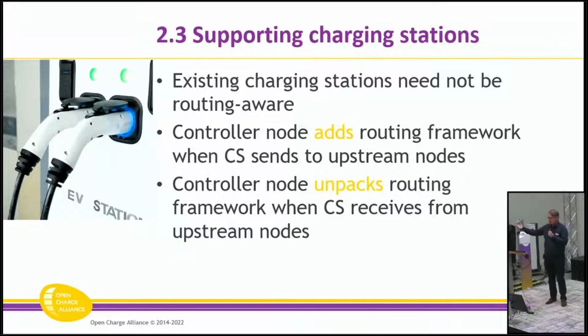And when it receives a routed CSMS message, it unpacks the payload and sends it as a regular OCPP message to the charging station. So that means that you can hide the whole network from the charging station, more or less.